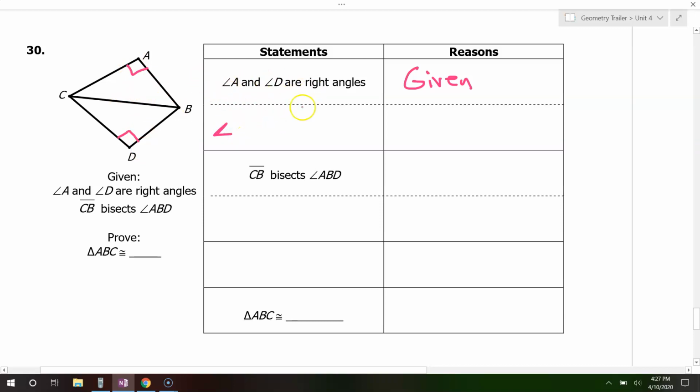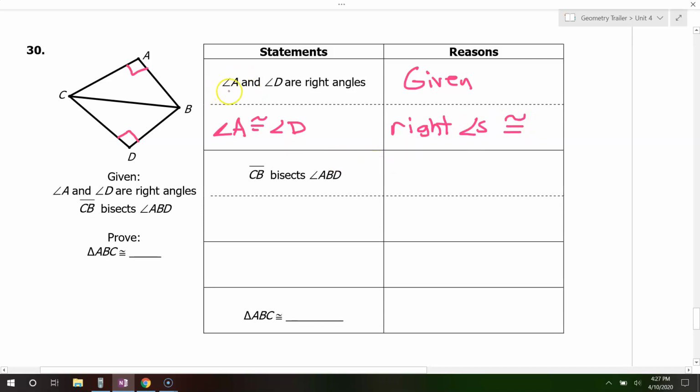See, these are kind of a pair. That's why I put this dotted line here to show you how connected these are. So A and D are right angles. That means that angle A is automatically congruent to angle D. And the reason is so simple. All right angles are congruent. So you can just write right angles are congruent.